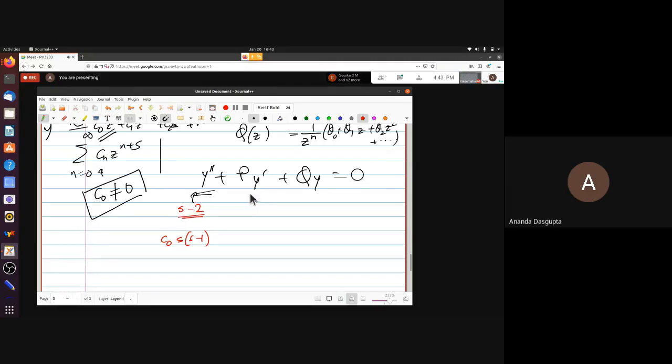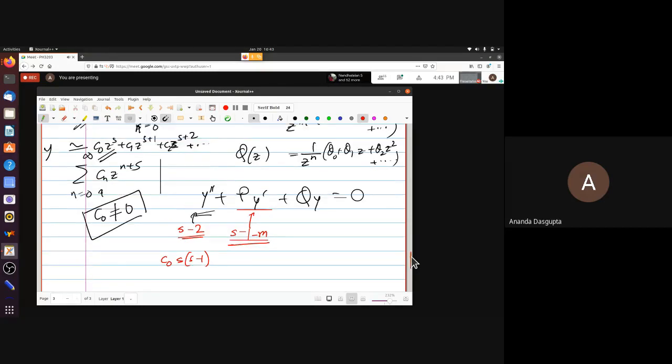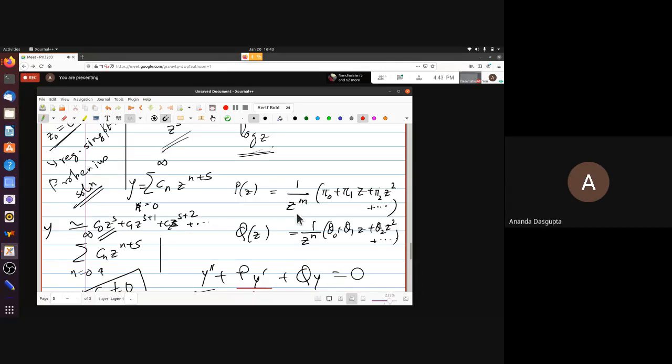What will be the lowest power from this term? No, s minus 1 is from y prime. From this whole thing, it is s minus 1 minus m. I'm pretty sure everybody is sure about this, right? s minus 1 from the derivative and minus m because p has a 1 by z to the m.